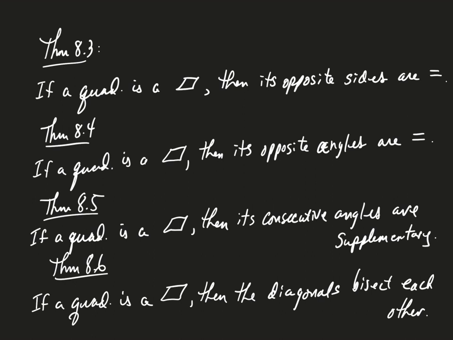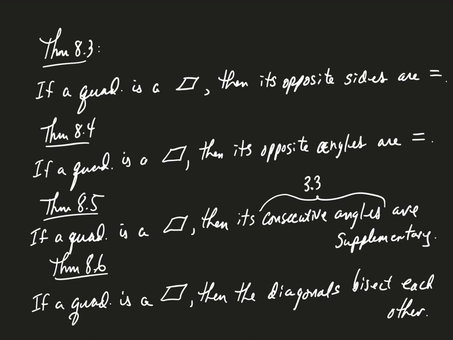And this one follows, just as you're jotting this one down, because consecutive angles right next to each other goes all the way back to section 3.3. So if you went all the way back to section 3.3, we learned about consecutive interior angles.